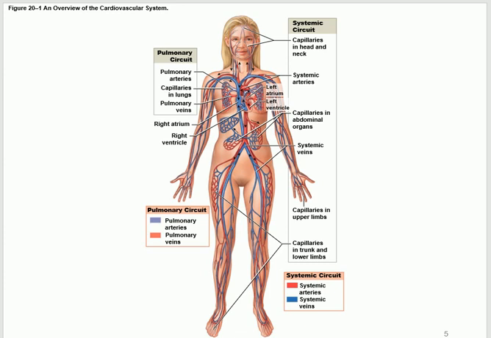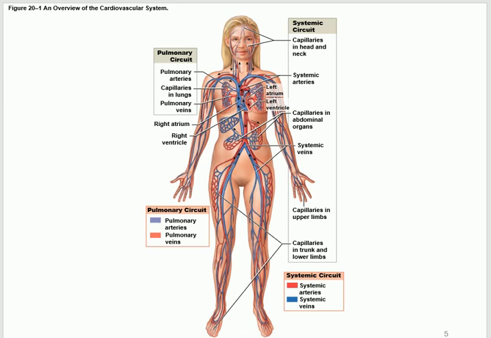Right ventricle, pulmonary semilunar valve, to the pulmonary trunk, right and left pulmonary arteries, to the right and left lungs. That's set for the deoxygenated. Over there in the lung, it will be oxygenated. When you breathe, you get rid of carbon dioxide and you gain oxygen, right?